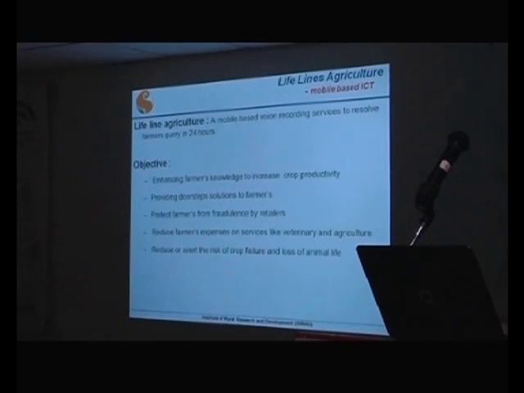And he has to pay for services like veterinary and agriculture in case of emergencies, when some crop disease is there. He has to pay for medicine which is not really required, because the retailer has their own intention of selling their medicine. So many times the farmer uses medicine which is not required to control those vegetable diseases.